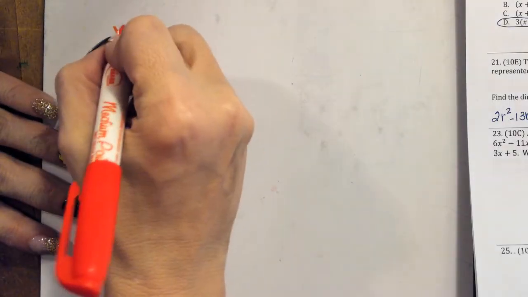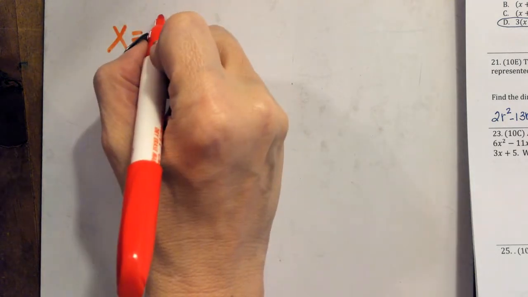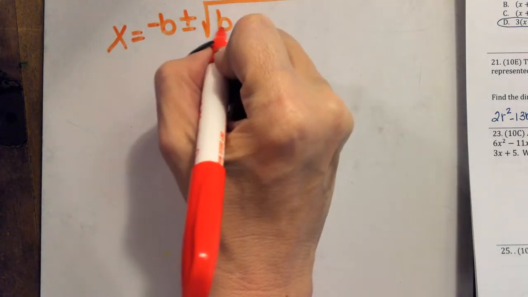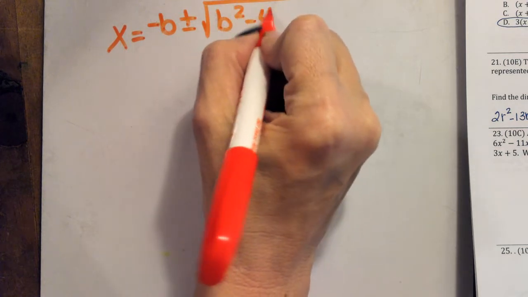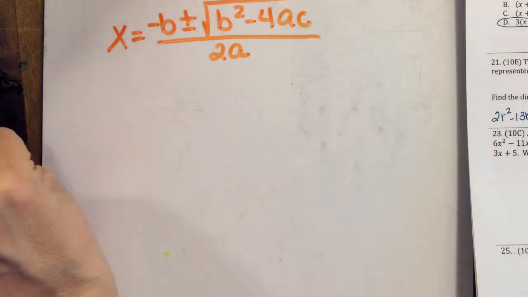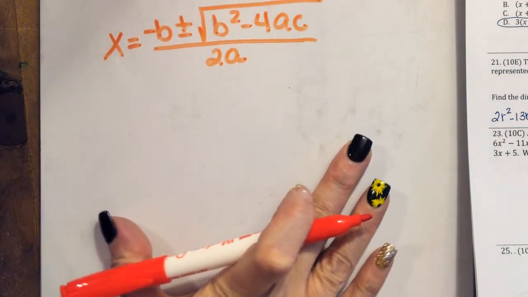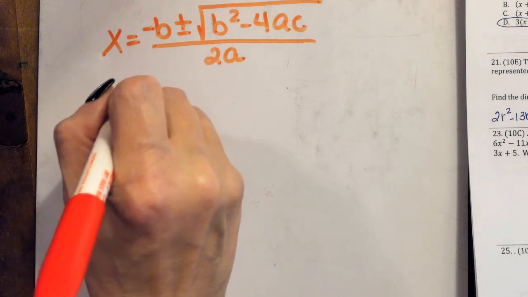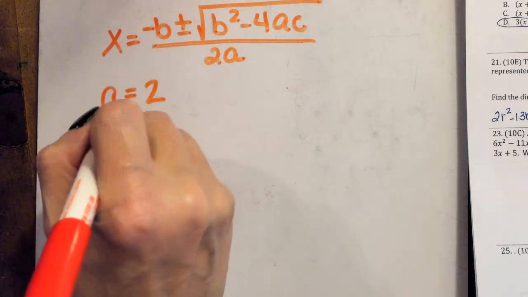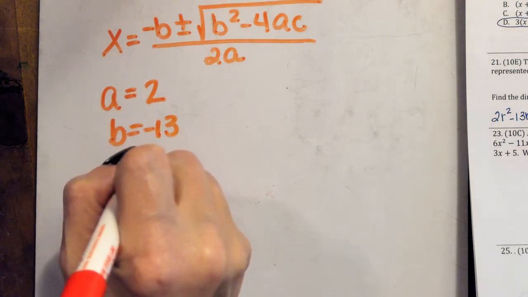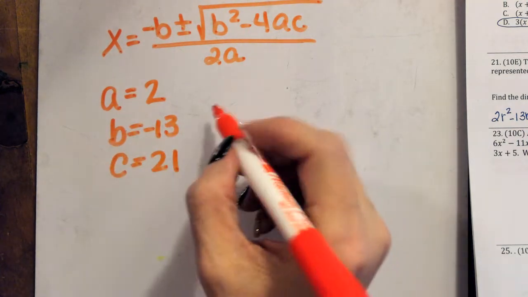I'm going to use my quadratic formula. So negative b plus or minus the square root of b squared minus 4ac, all over 2a. Okay, I want to know what the area is, so I'm going to go ahead and use my quadratic. My a in this situation is 2, my b is negative 13, and my c is 21.